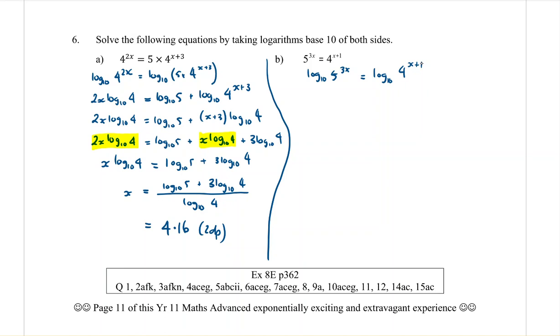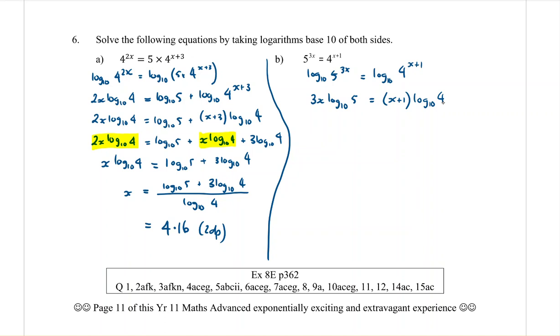Okay, so remember any powers, we can bring them down to the front of the logarithm. So we're going to do that. The 3x comes down the front. 3x log base 10 of 5 equals, and the other one as well, bring the x plus 1 down the front, and it'll be log base 10 of 4.